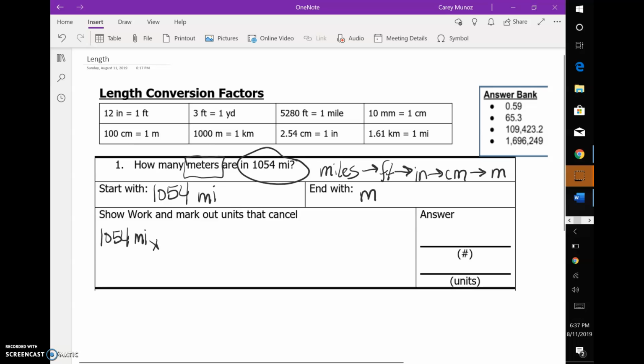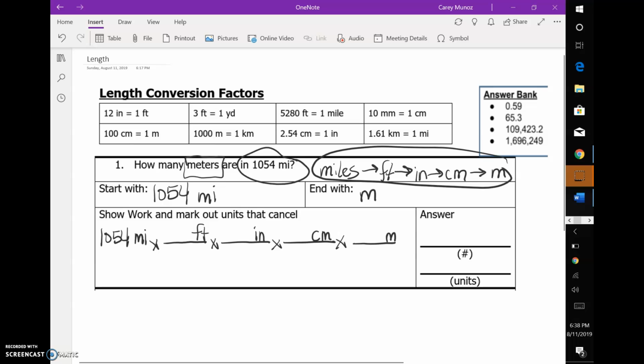And again, you want to just write the units of your path across the top of your problem. So then we have feet, and then inches, centimeters, and meters.